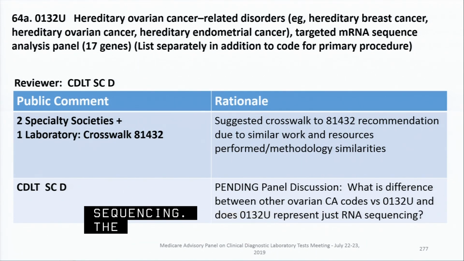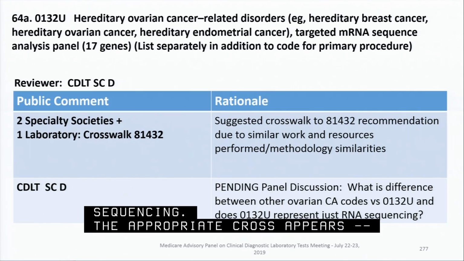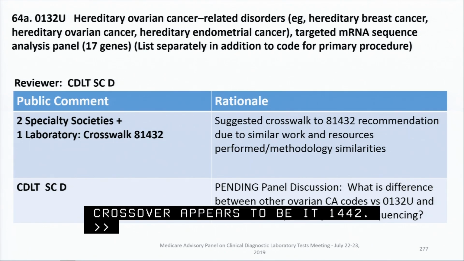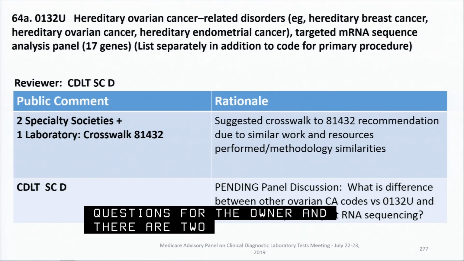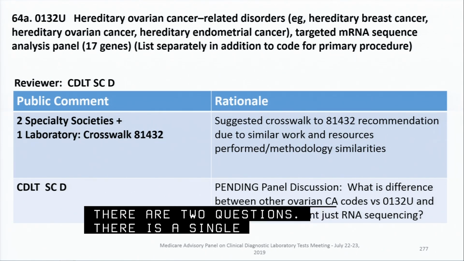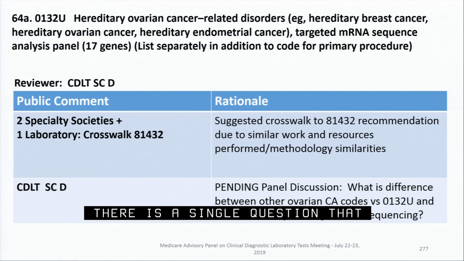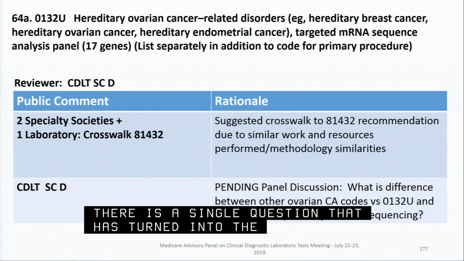So we noted that there may be questions for the owner. There's a single question that has been entered into the slide. So does Ambry want to come to the mic?